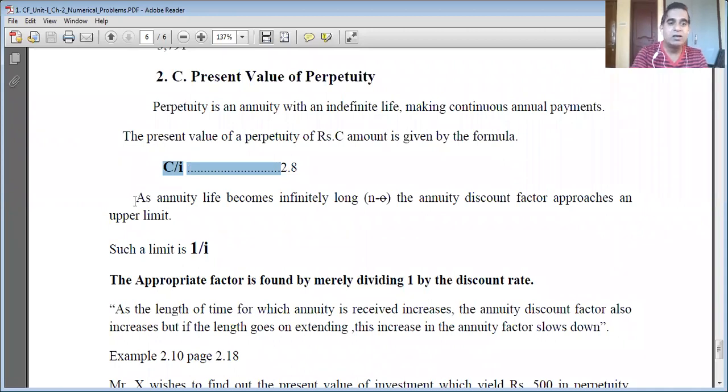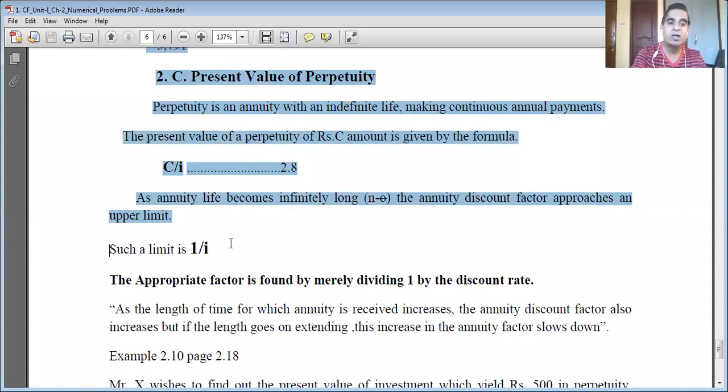Then we also need to determine, as annuity life becomes infinitely longer, in the case of pension, definitely the annuity life is infinitely long. Infinite means we don't know for how many years. The annuity discount factor approaches an upper limit. So what is that upper limit?